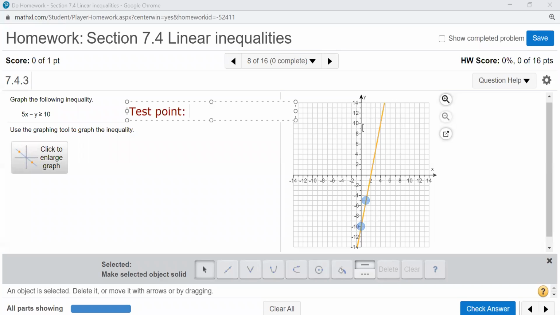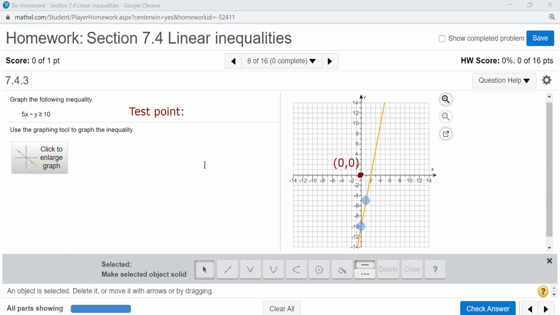But I could use any other point outside of the line. What is the easiest point to use? 0, 0, absolutely. The only time I can't use it is if the line happens to cross through that point, but it doesn't here. So my test point is 0, 0.